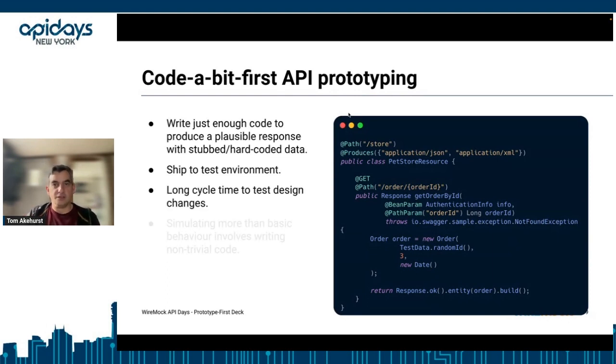If you're iterating on design ideas or design refinements, then you still have to go through this code, test, check into source control, let it build in CI, let it go through your CD pipeline to deploy. And even if that process is pretty slick in your organization, it's still quite a long lead time to iterate on design changes.